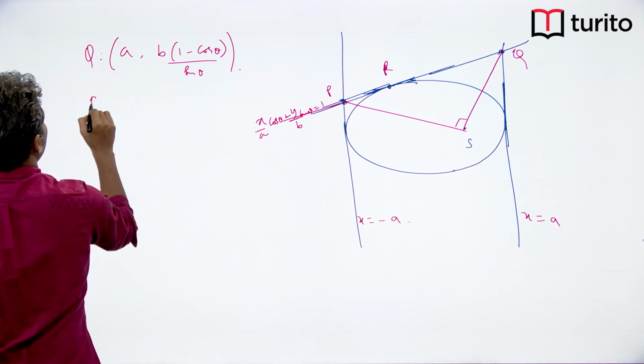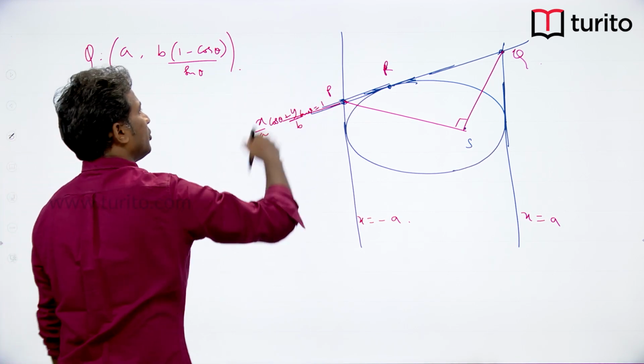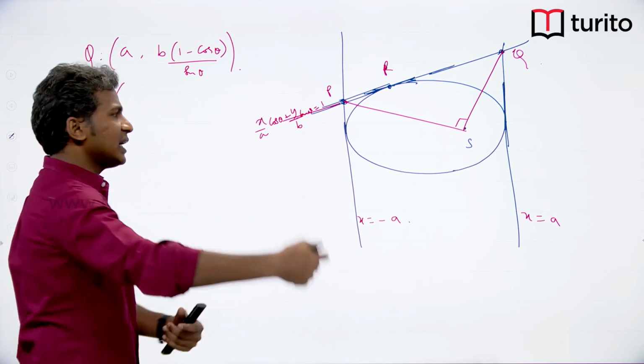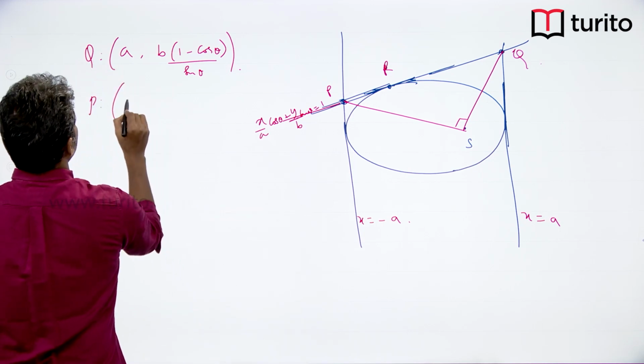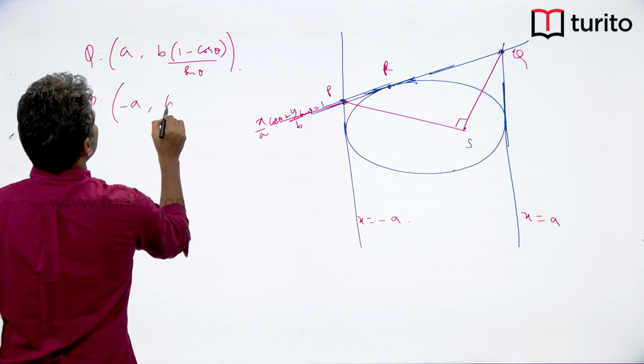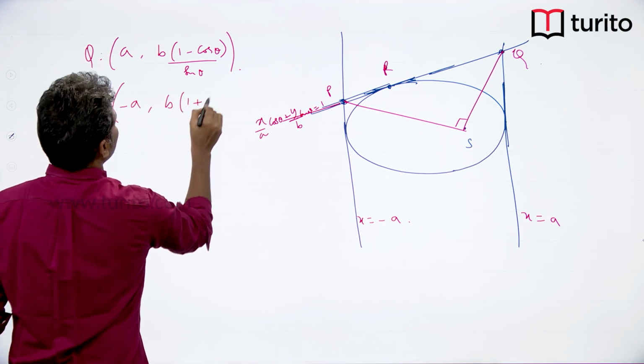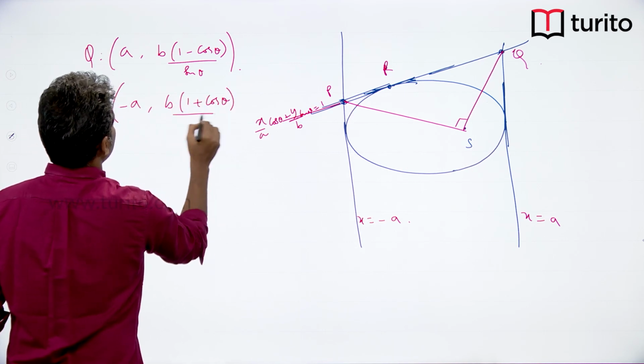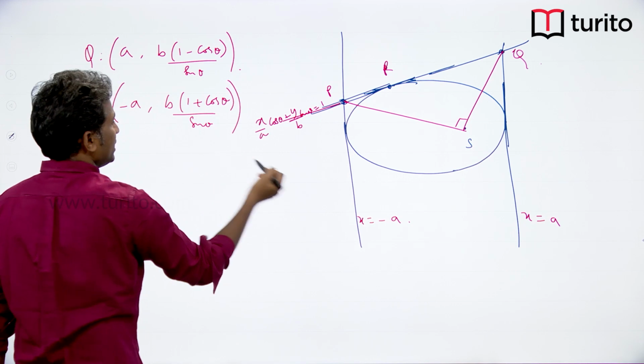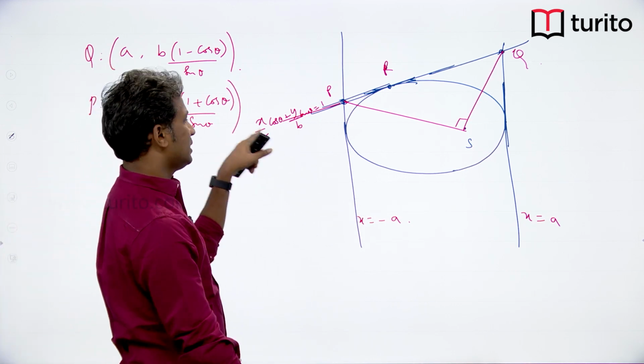Similarly, I will get P as the other point of intersection. For that we need to put x equal to -a. So we will get P as minus a comma b into 1 plus cos theta by sin theta, because there is only a difference of minus 1 here.